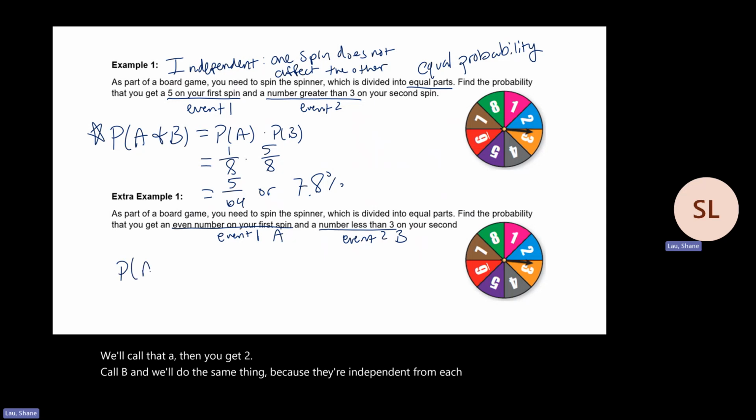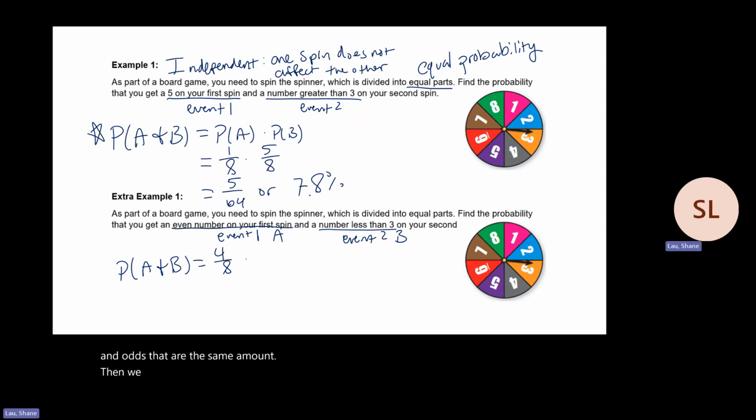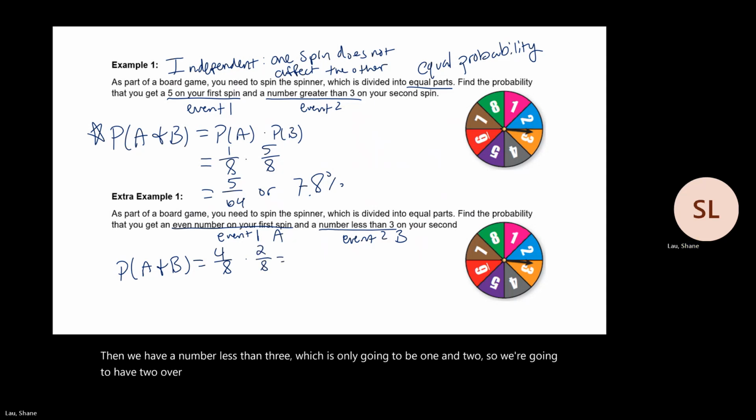So the probability of A and B equals the probability of A, which is 4 over 8, because we have evens and odds that are the same amount. Then we have a number less than 3, which is only going to be 1 and 2, so 2 over 8. For a grand total of 8 over 64, and that equals 12.5%.